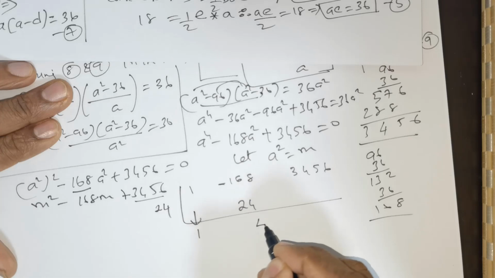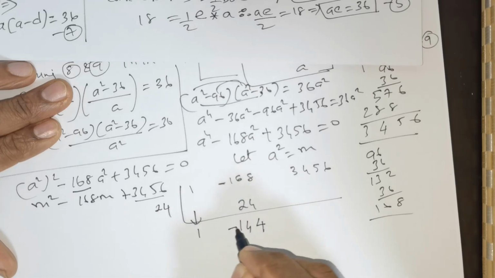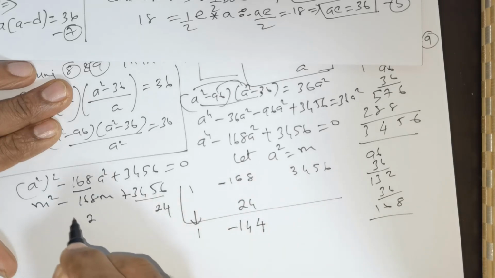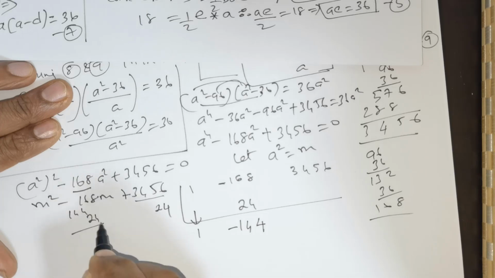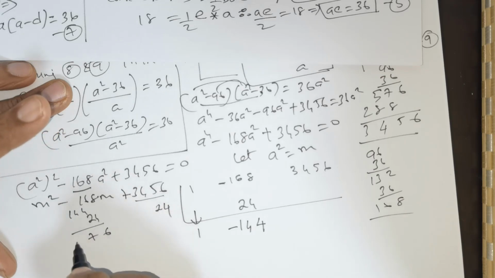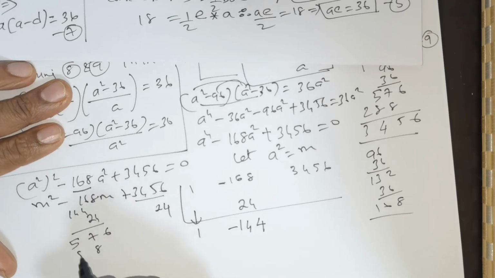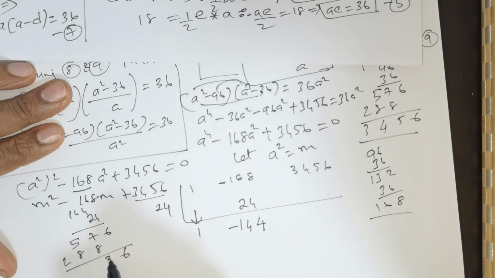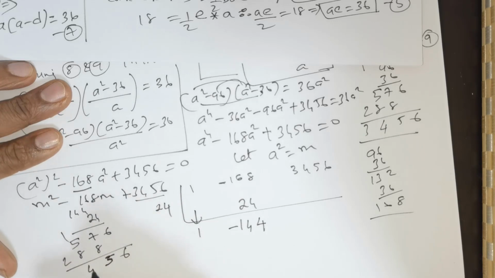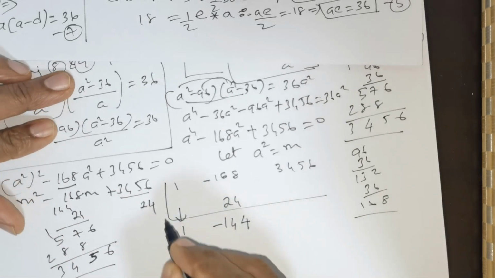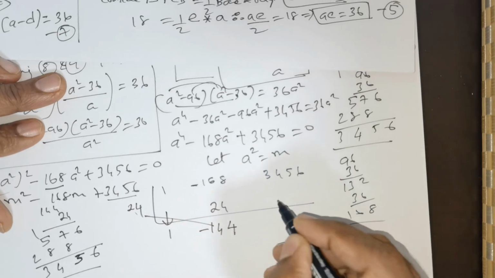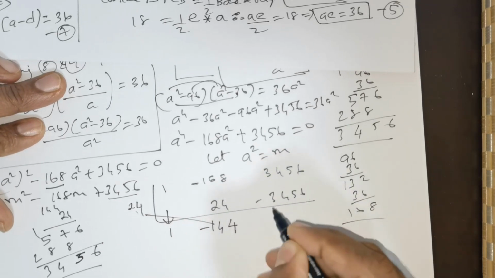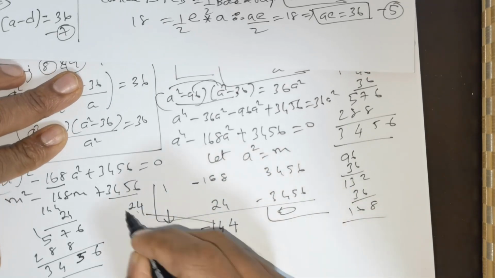This is going to be negative 144. You multiply 144 with 24, and you get 3456 with a negative sign, so you get a 0. So this is the factor.